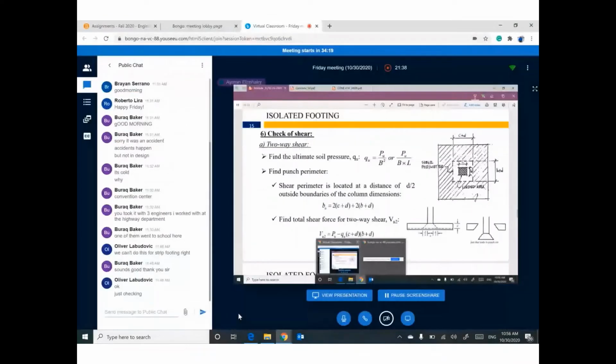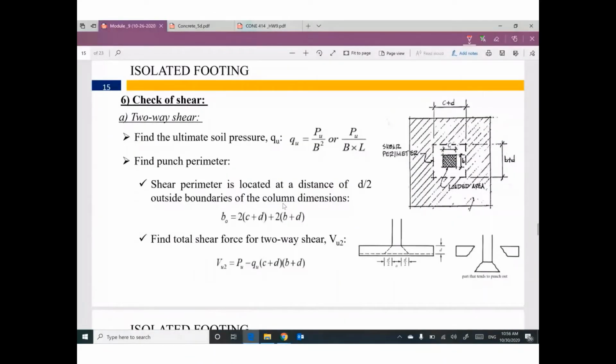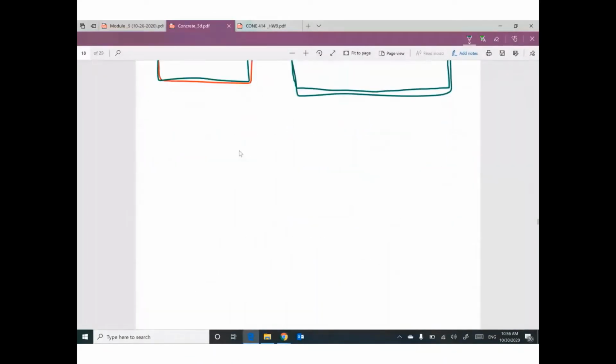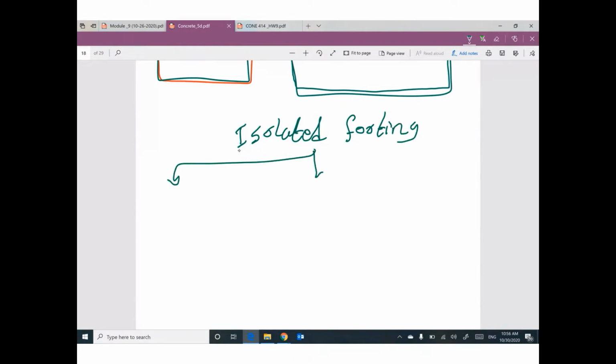Guys, for isolated footing, we have 3 issues we need to check or we need to design. The first issue is called punch, or sometimes we can call it two-way shear.